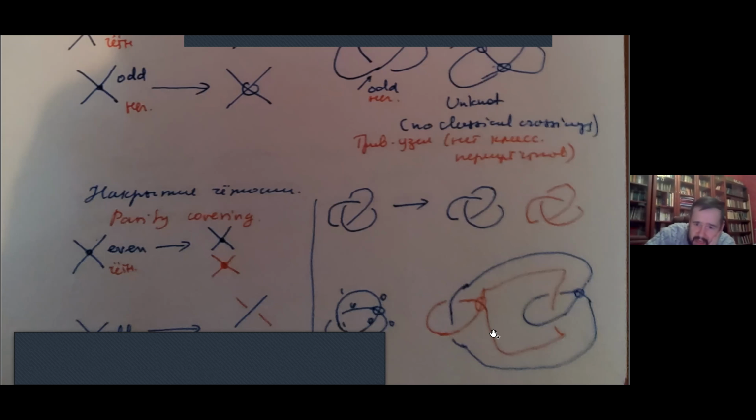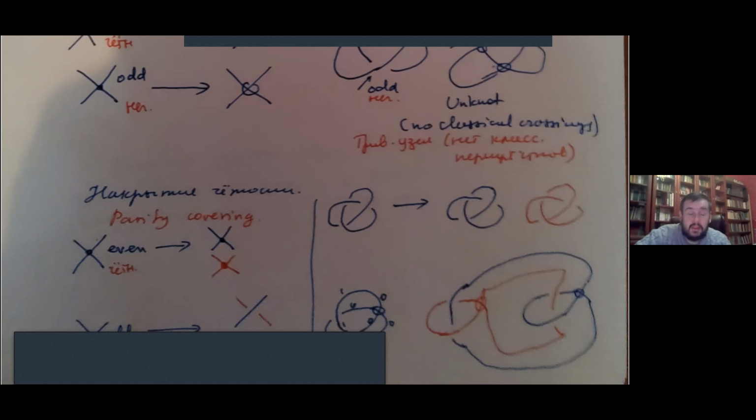So this means that I can get some connection here. So what I drew here is just the Z2 covering of that virtual trefoil.